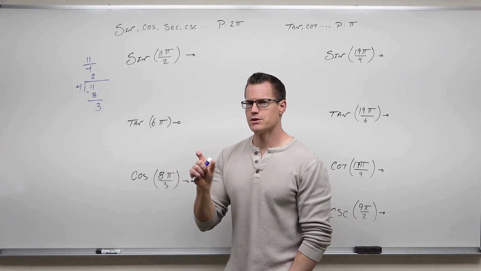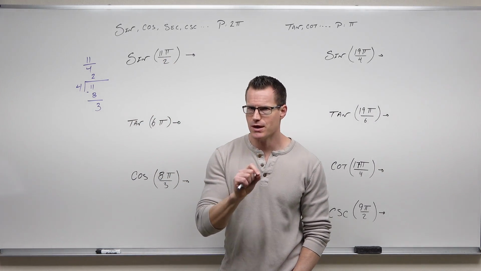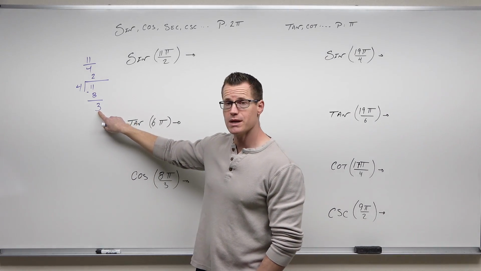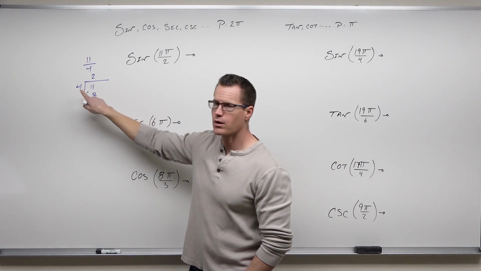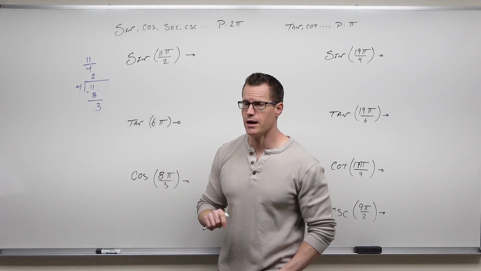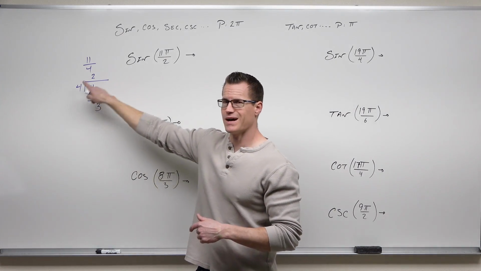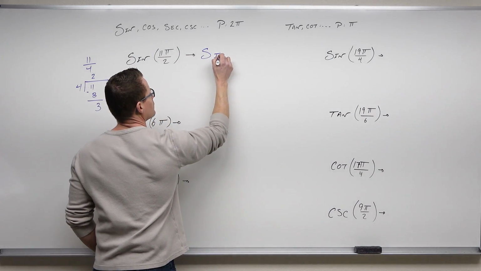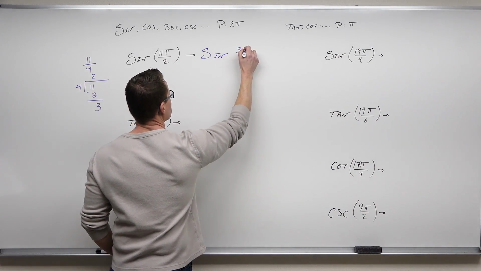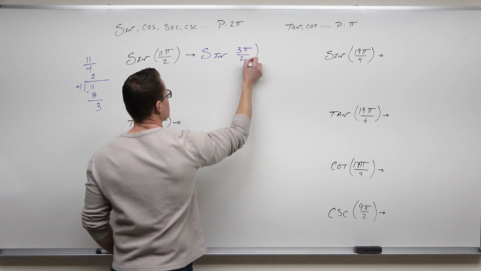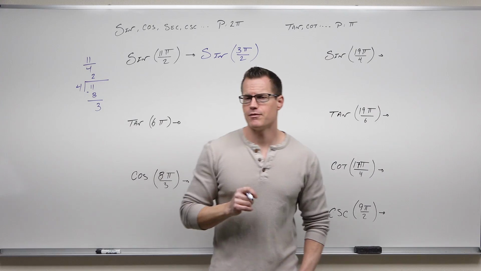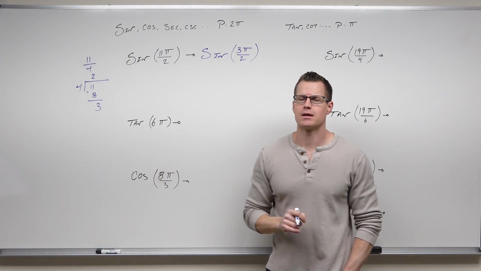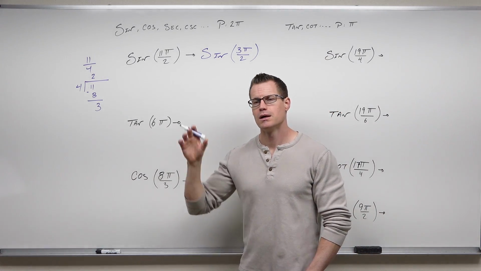So 11 pi over 2 is going to be the same thing for sine as 3 pi over 2. Not over 4, 2, because the period is 2 pi. So that 4 gets divided again by that 2. So sine of 11 pi over 2 is the same thing as sine of 3 pi over 2.